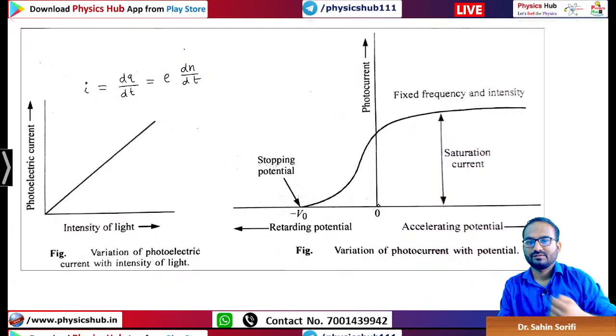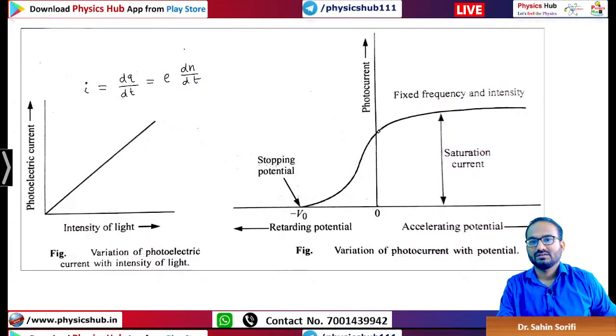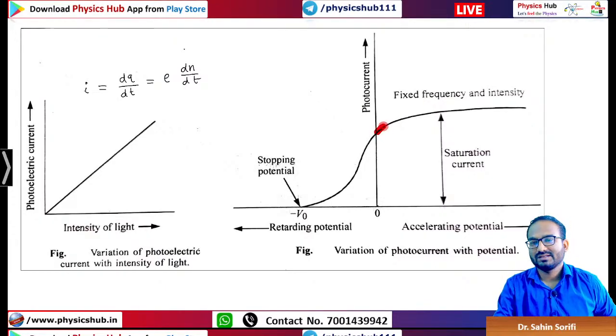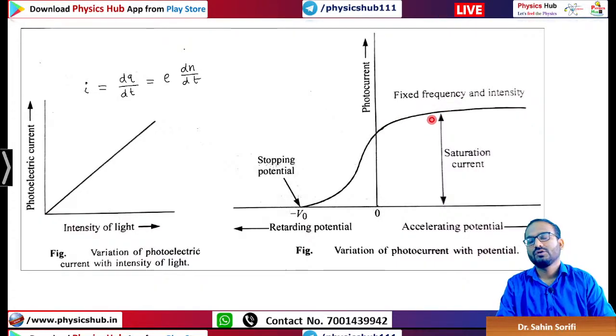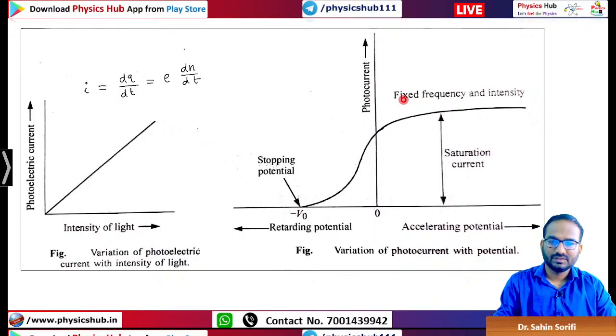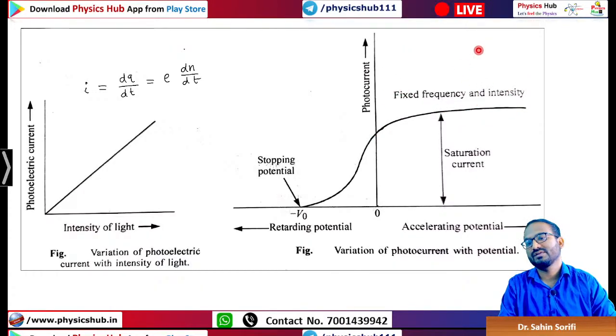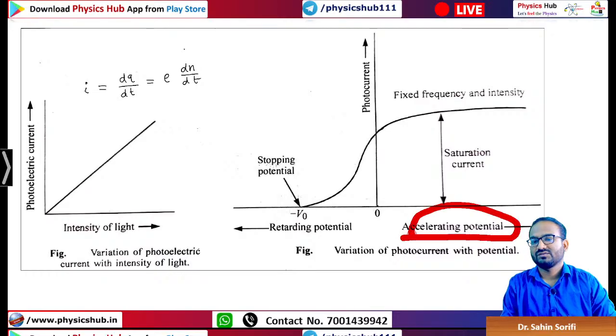So that is why you can see when positive potential is applied, current is increasing, and meanwhile, it achieves saturation, because when the number of ejected electrons is saturated, no matter what positive potential you apply, there will be no extra generation of electrons. So after some time the photocurrent gets saturated at fixed frequency and intensity. If you increase frequency, then there may be some increased current, but for a fixed frequency and intensity, it will get saturated no matter what accelerating potential you apply.